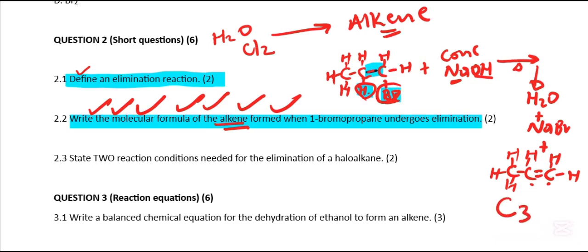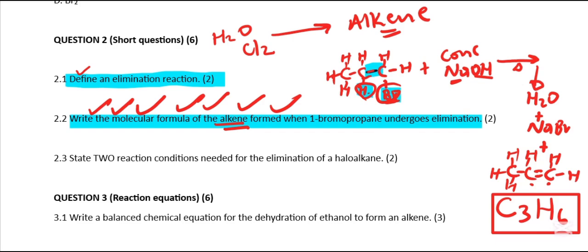How many hydrogen atoms? 1, 2, 3, 4, 5, 6. There are 6 hydrogen atoms, so I write H6. This is the molecular formula. You just count the number of carbon atoms and hydrogen atoms, then we answer the question.